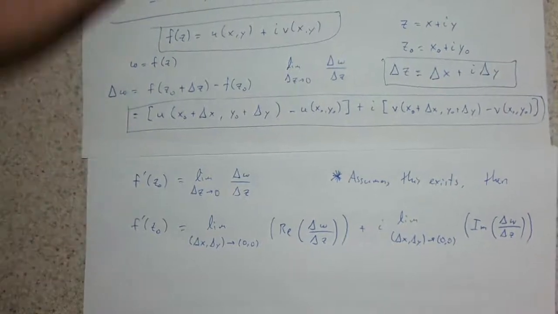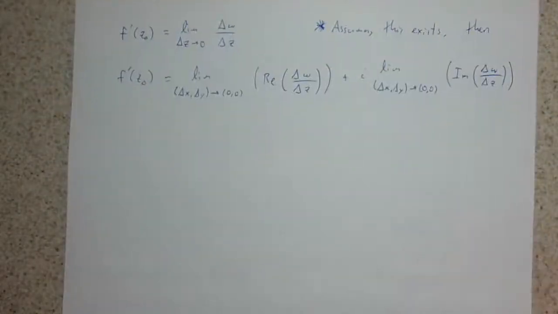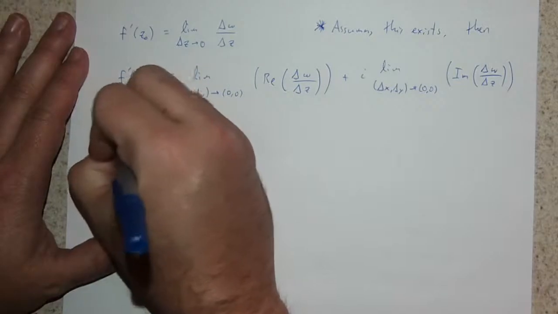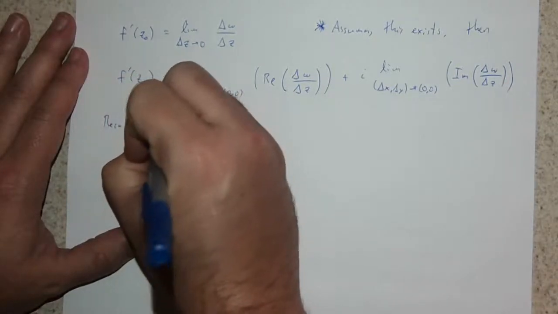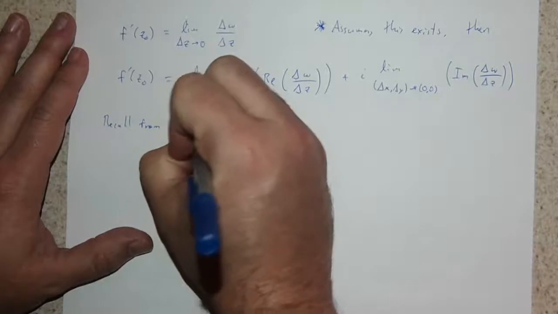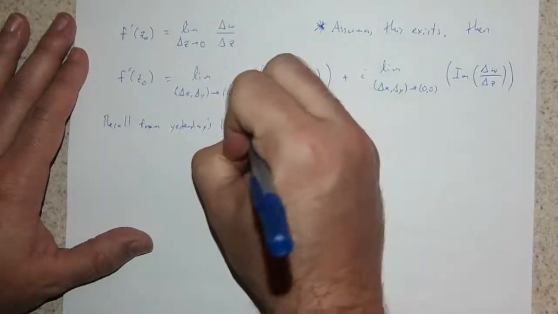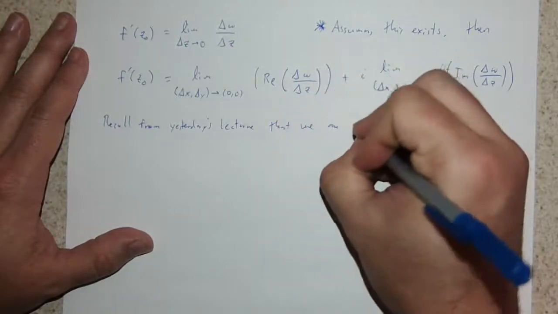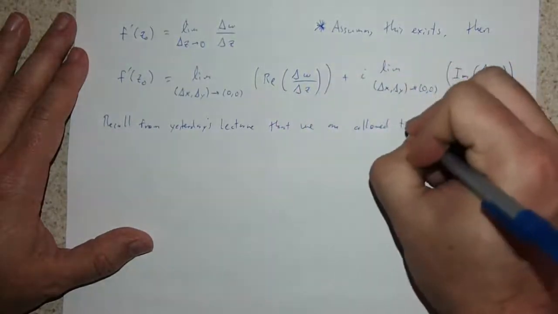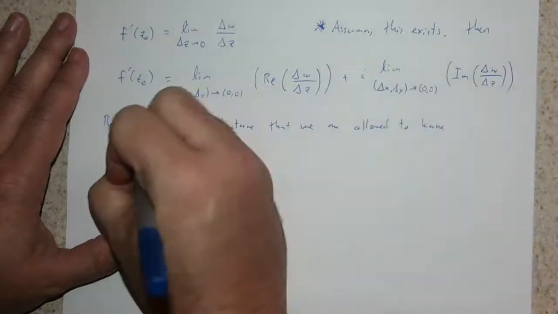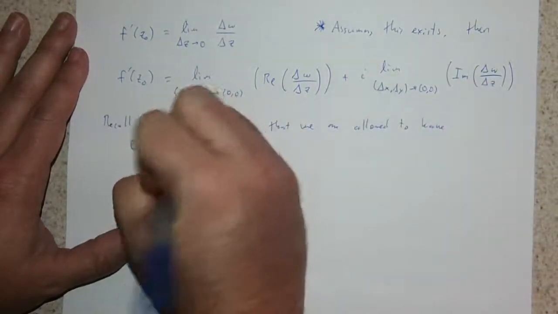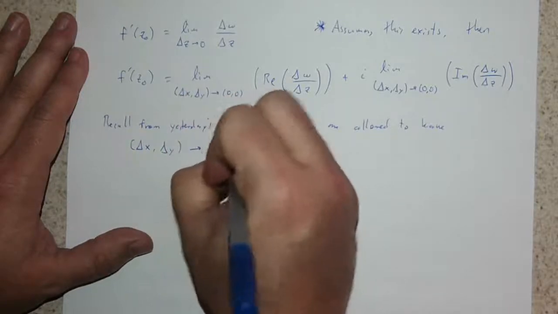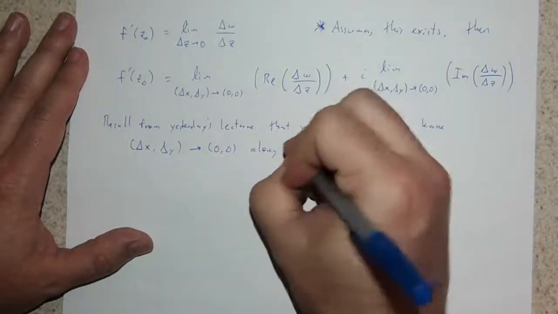What is the idea? Just like in those specific examples we did, there's a fundamental idea that's important here. Recall from yesterday's lecture, this is lecture 8, that we are allowed to have delta x, delta y approach 0, 0 along any path.